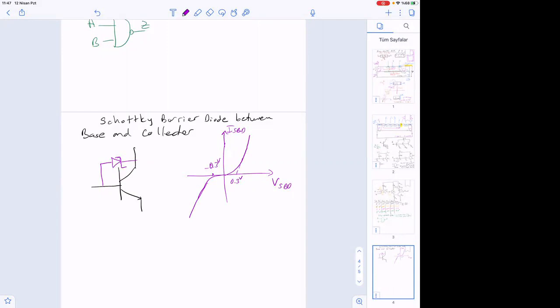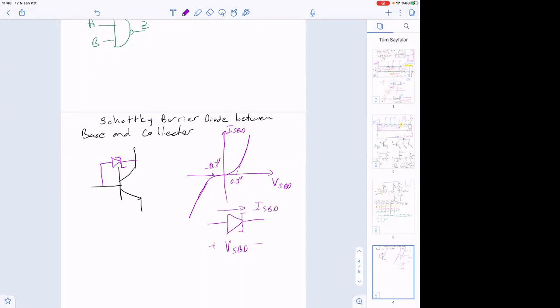So it's not an ohmic contact. It is a Schottky barrier contact. It is as if it is a diode. So the model is shown like this. We call this V Schottky barrier diode, and this one is current I Schottky barrier diode.